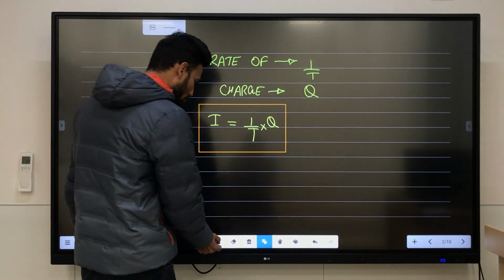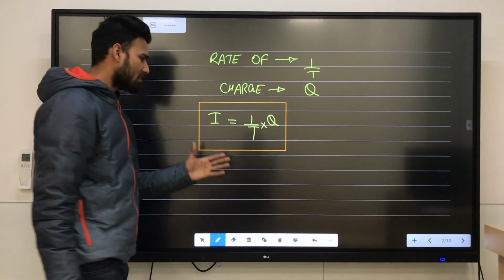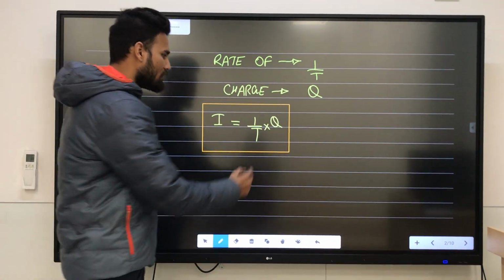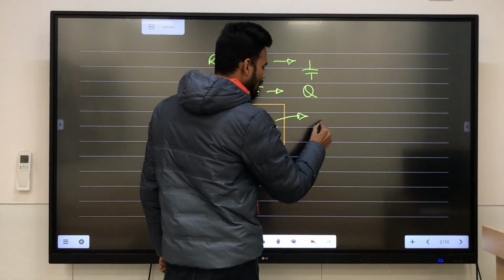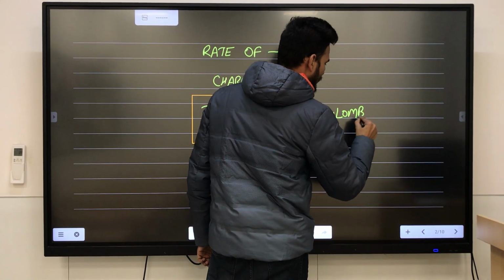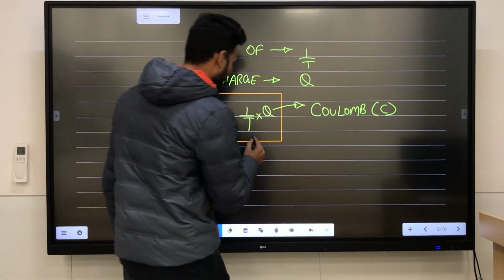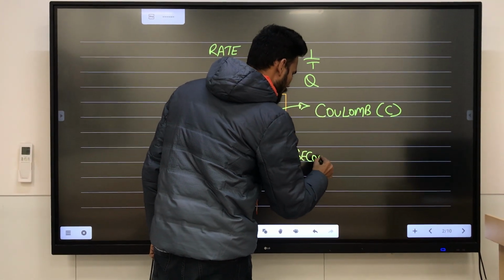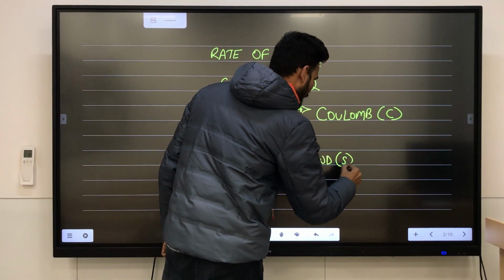Now, talking about the units of charge, time and current, the SI unit, that is the standard international unit, of charge is coulomb, denoted by capital C. The unit of time, as we know, is seconds, denoted by small s.